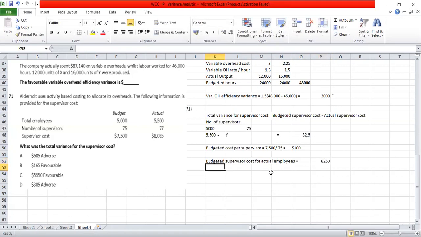Now find out the variance. The variance will be the total variance for supervisor cost, $165 favorable.